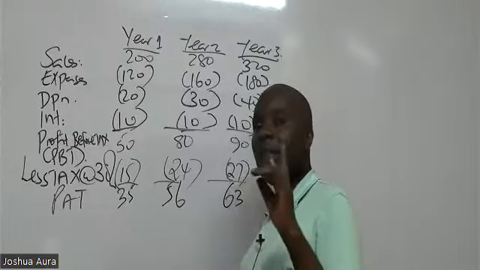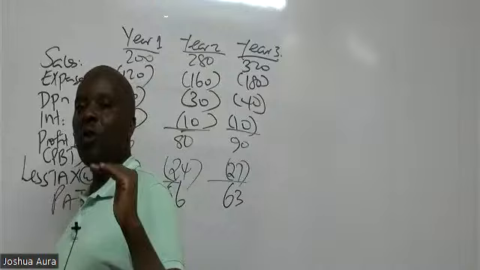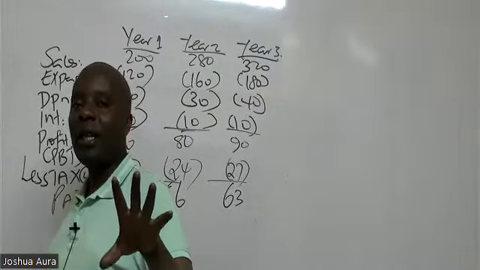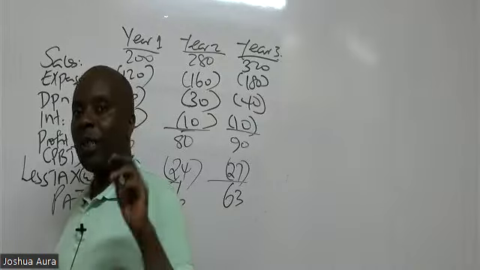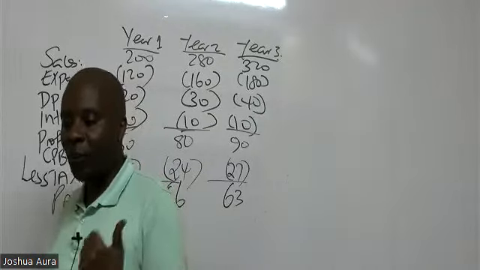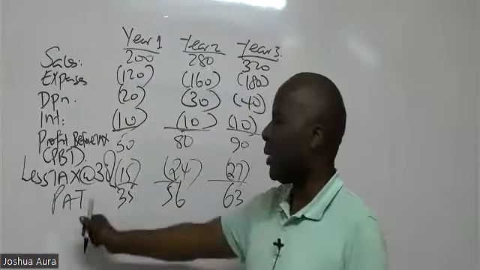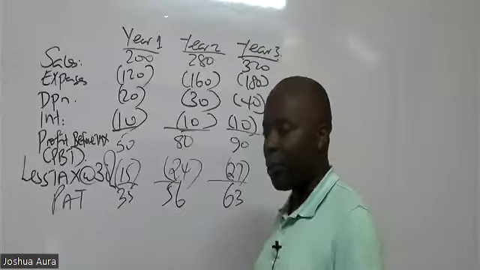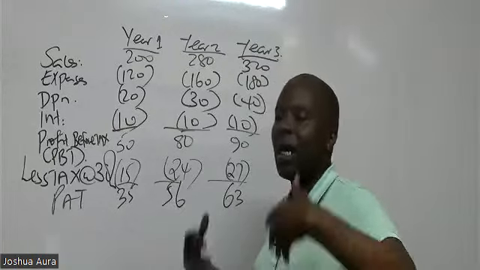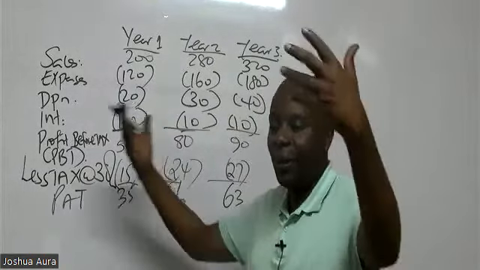So remember that we are looking for cash flows. Profits is just obiter dicta, by the way. After I get profits, there is some abracadabra I have to do to change profit after tax to cash flow. Who is able to remember this abracadabra? What am I supposed to do? We add back depreciation.